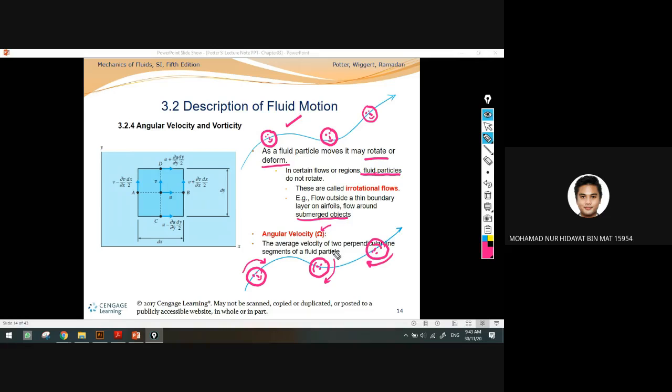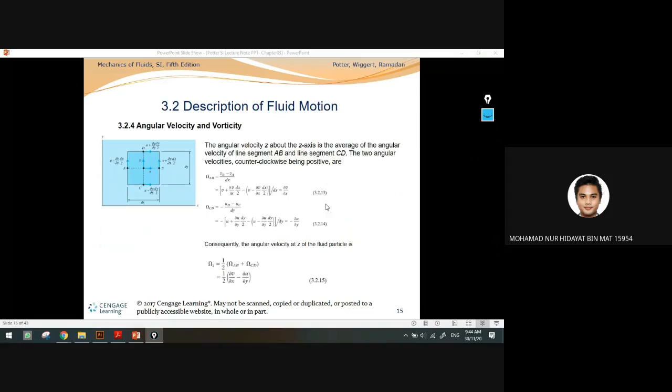So when it involves two perpendicular lines, you have to divide by 2. When it involves 3 perpendicular lines, you have to divide by 3. So let's take a look at this.